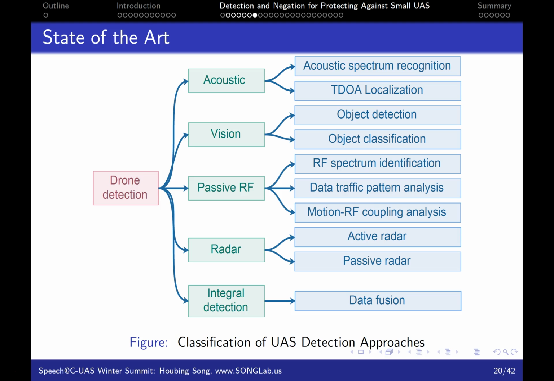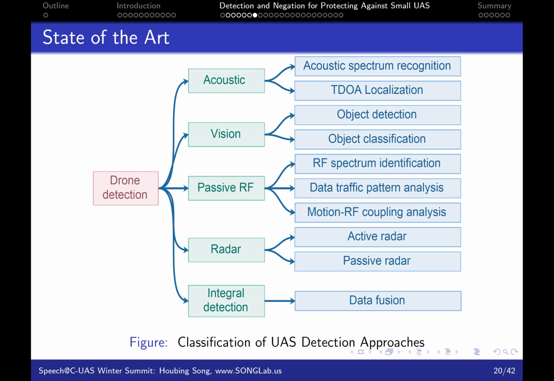Here, five categories: acoustic, vision, passive radio frequency, radar, and integral detection, and such. For acoustic, we can divide into acoustic spectrum recognition and TDOA localization. Vision, we can divide into object detection and object classification.